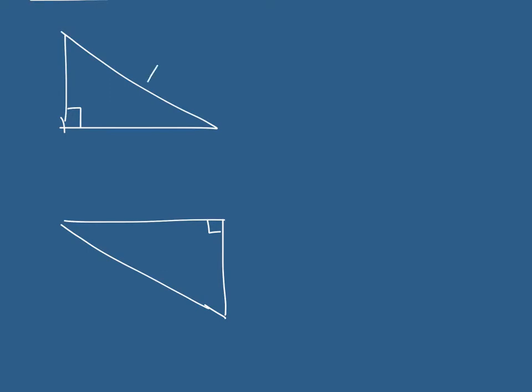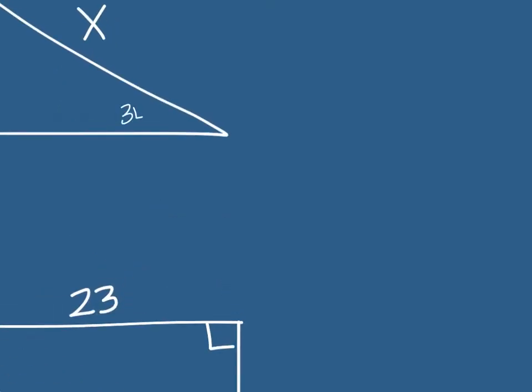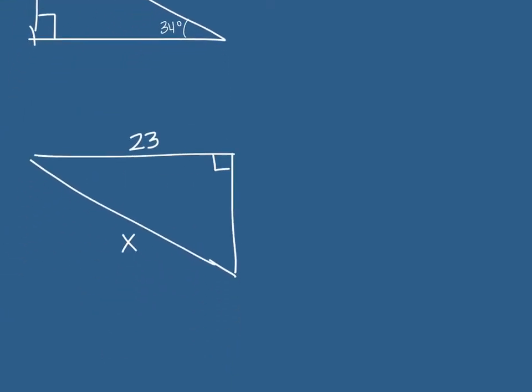Okay, in this one, x is here. And this one, x is here. And this is 23. And this is 15. And alpha is 34 degrees. And beta is 39 degrees.